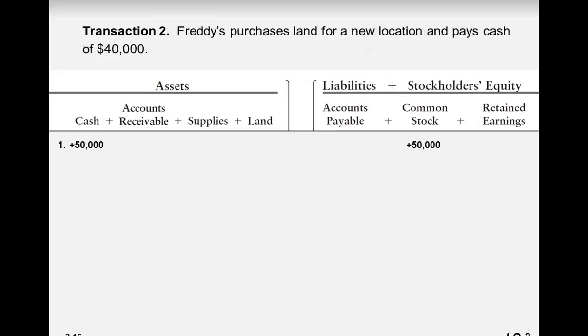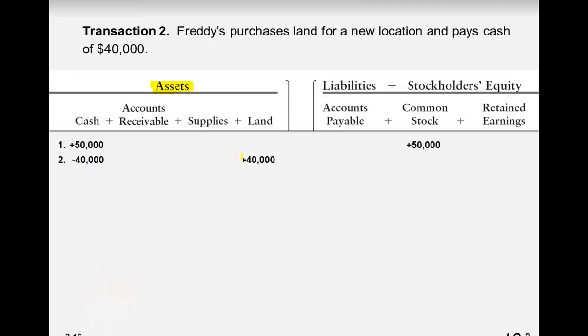If we purchase land for the new location and we pay cash of $40,000, we now have $40,000 less cash and $40,000 more land. You will notice in this case that both of these are asset accounts, right?